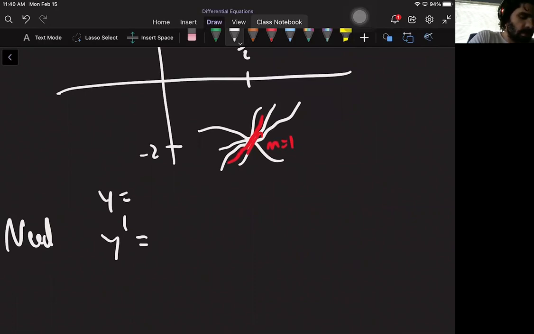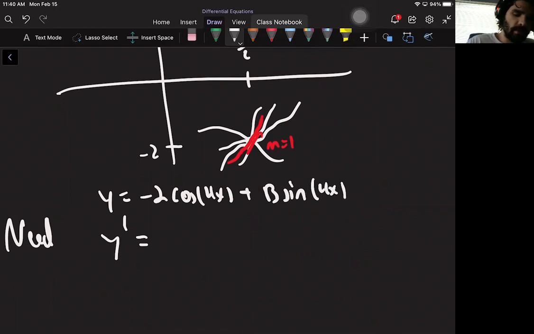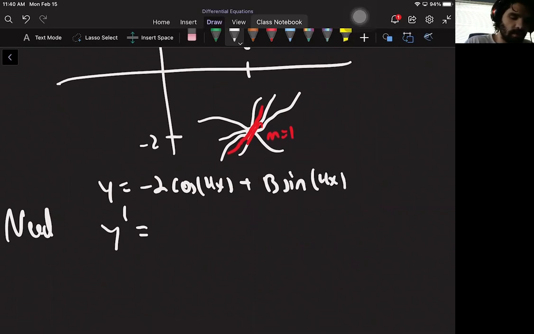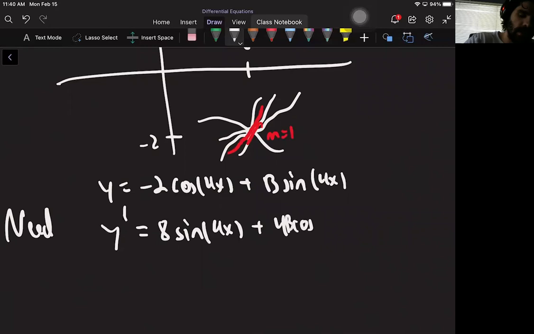I already know a is -2, so -2 cosine of 4x plus b sine of 4x. The derivative of cosine is negative sine, so this will become positive 8 sine of 4x. The derivative of sine is cosine, 4b cosine of 4x using the chain rule.